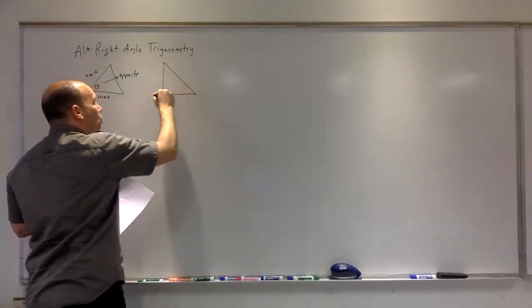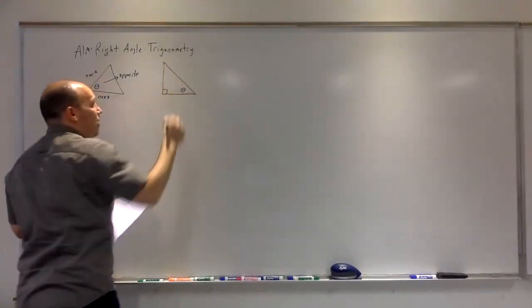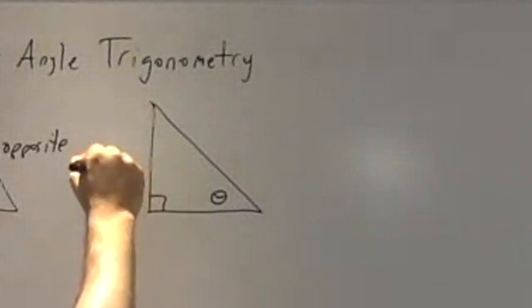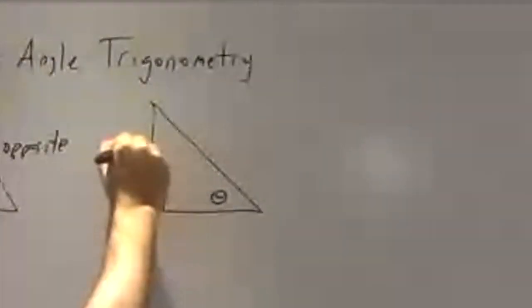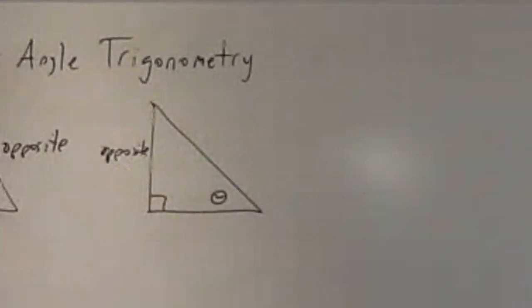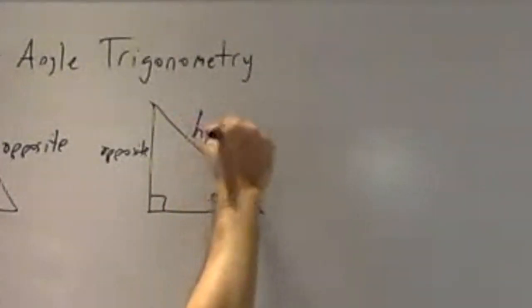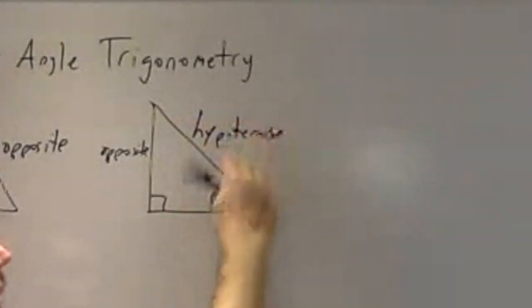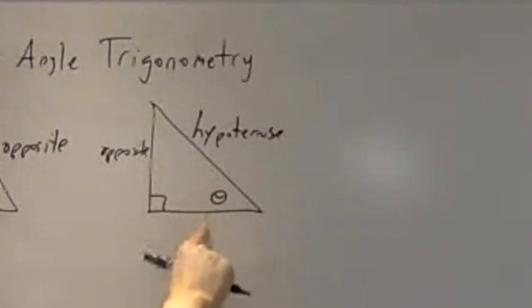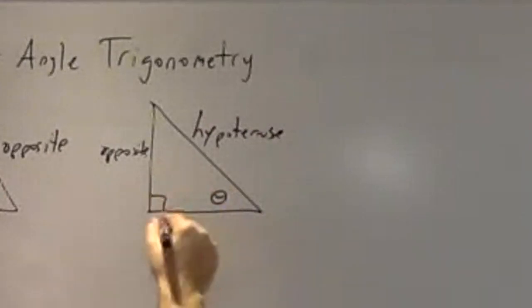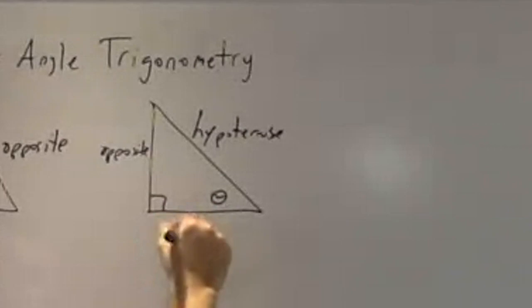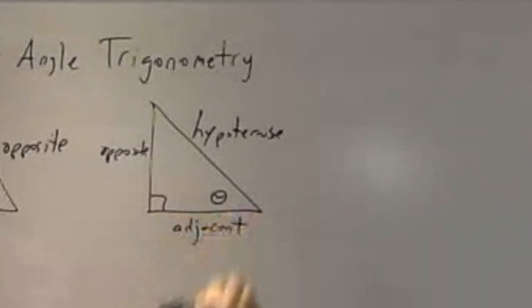So we have a right triangle, and I still have my theta here, and I still have the opposite side. But the question is, how do I describe these two other sides? Since it is a right triangle, we have the hypotenuse. We're going to call the hypotenuse the hypotenuse. And the other side that's next to it, the leg, we're going to call adjacent.